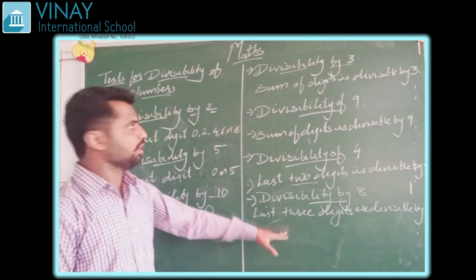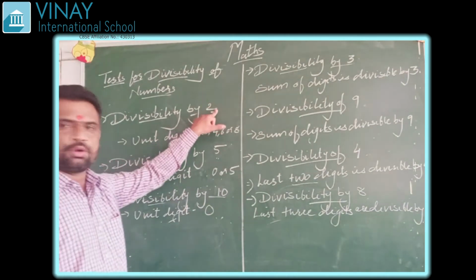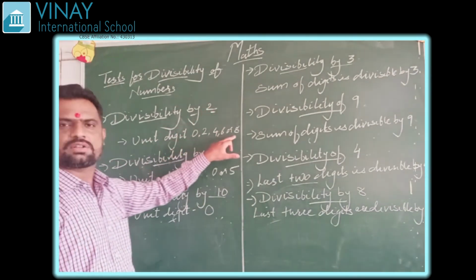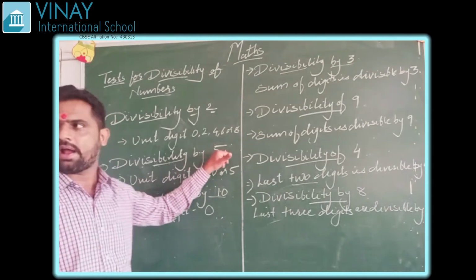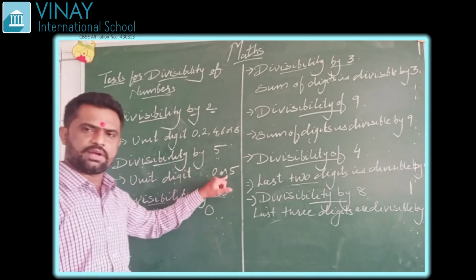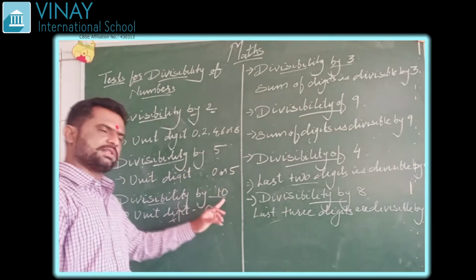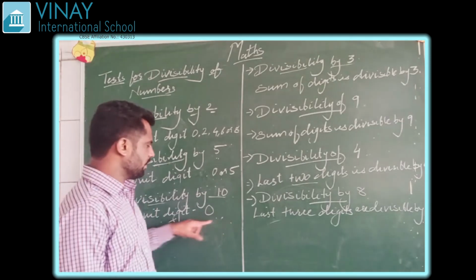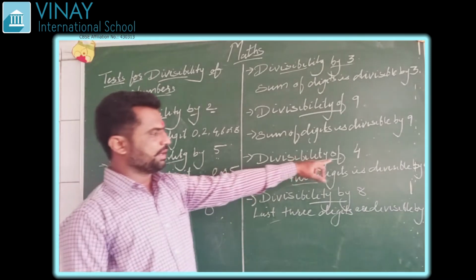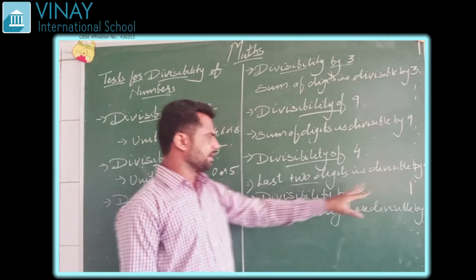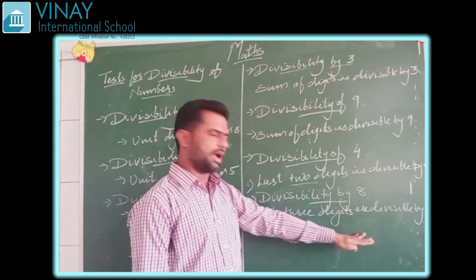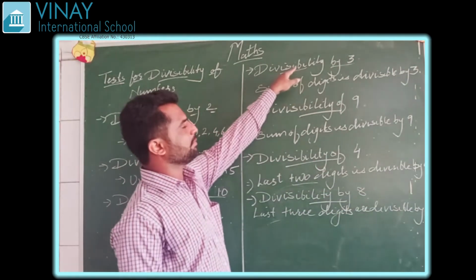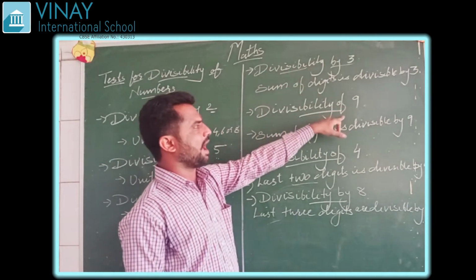Again, let's recall. Divisibility by 2, we need to find out the last one digit. Divisibility of 5, again, we need to find out the unit digit, that is the last one digit. Same way, divisibility of 10, last digit. Divisibility of 4, last two digits. Divisibility of 8, last three digits.